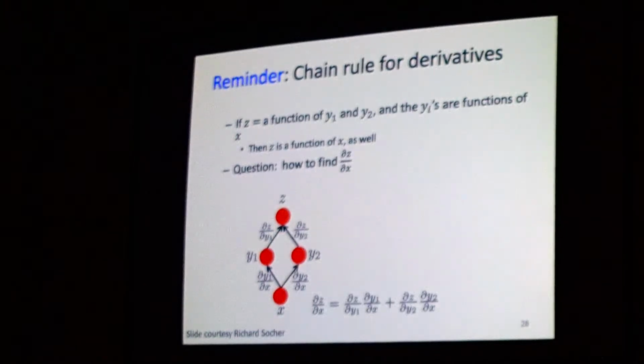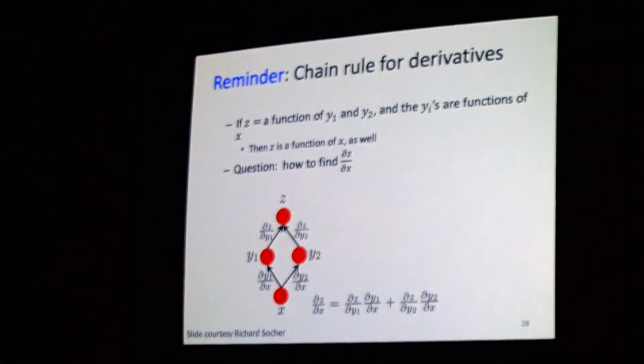Okay? So how many paths do we have connecting x to z? Two, right? One is left, one is right. So we need to add two results. For the first, we multiply the partial derivatives along the first path, which is partial z over partial y1 times partial y1 over partial x, this left term.